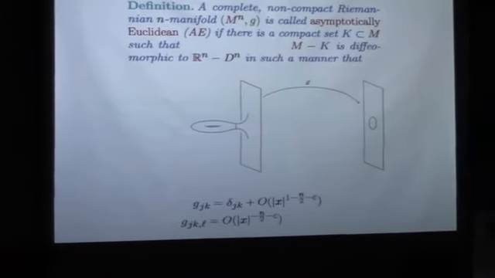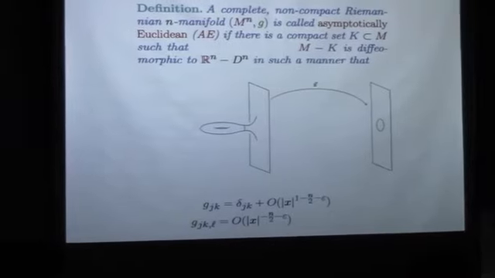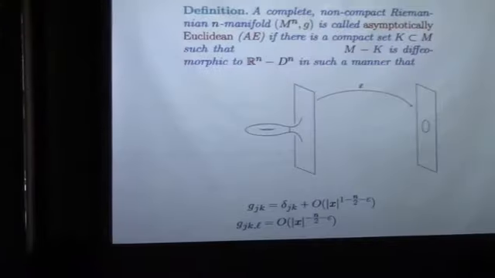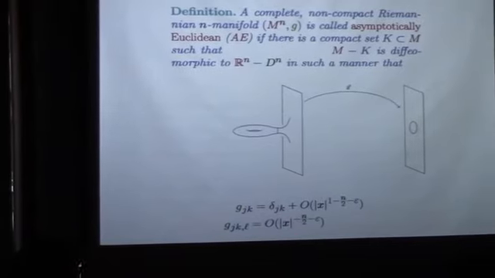And one also needs to assume that the first partial derivatives of the metric components fall off at an appropriately fast rate. So if we were in dimension 3, I'd be saying that the metric looks like Euclidean plus terms that fall off faster than 1 over the square root of the radius. And then when you take a derivative, you would expect, if you had something that fell off like a power of the radius, that taking a derivative would knock off 1 power.